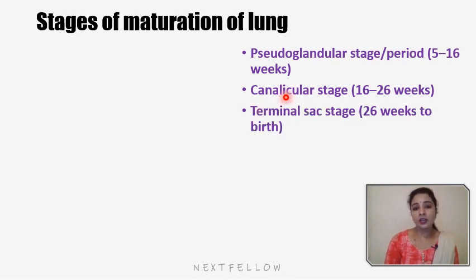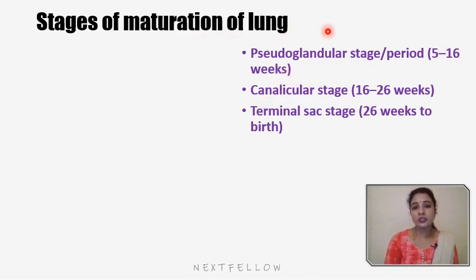Second one is the canalicular stage, which exists between 16 to 26 weeks. So in the pseudoglandular stage, one thing to be noted, respiration is not possible. Hence, premature fetuses cannot survive if they are born during this stage.